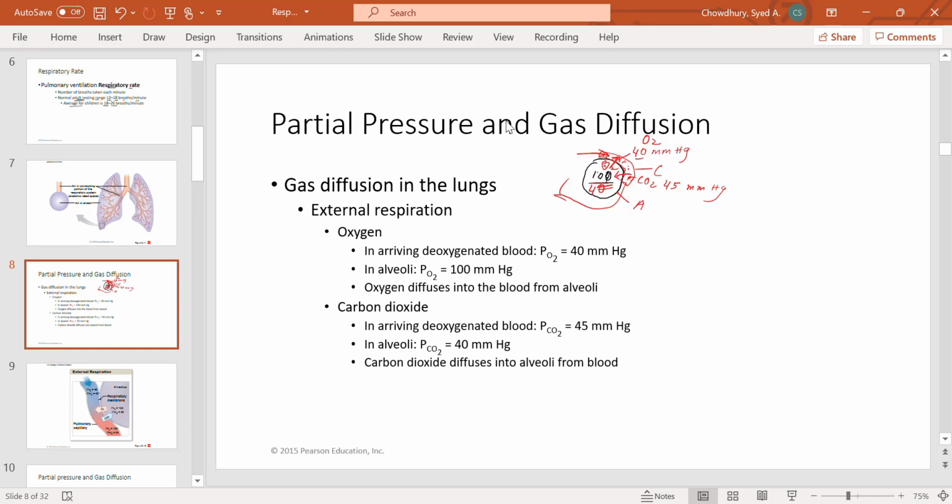So the difference is 5 millimeter, 45 and 40, right? So CO2 will move from the blood to the alveolus. So oxygen will enter into the blood and carbon dioxide will leave the blood, and that exchange inside the lung is called the external respiration.